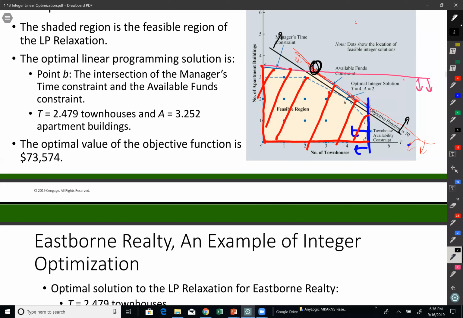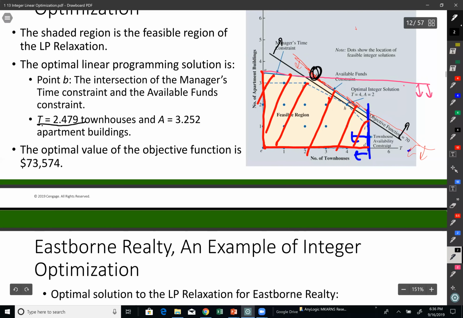However, we know that it's not a linear program. These are integer variables. So a linear program would give us this result: 2.479 townhouses and 3.252 apartments, which would end up $73,574. But this is an LP relaxation. So I know my best solution for the integer program should be less than or equal to this, because this is an upper bound for me.